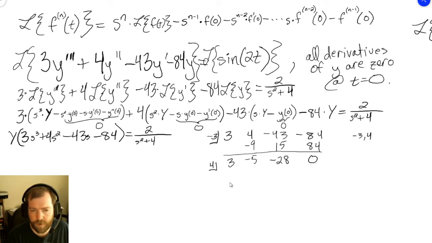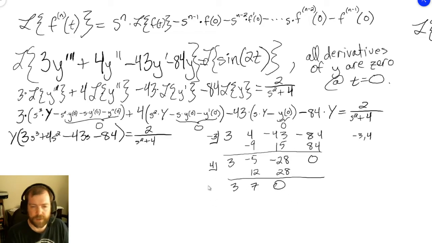And then 4 ends up being 3, 12, 7, 28, 0. So then our last one is 3s plus 7. This is going to be s plus 3 and s minus 4.